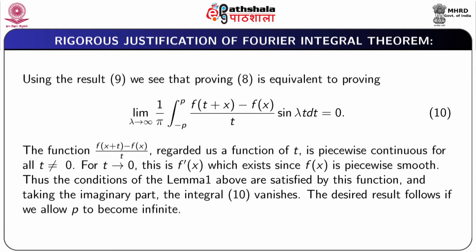So, proving 8 is equivalent to proving equation 10. That is, it is equivalent to prove that the limit as λ tends to infinity of 1 by π integral from -p to +p of [f(t+x) - f(x)]/t sin(λt) dt is equal to 0.